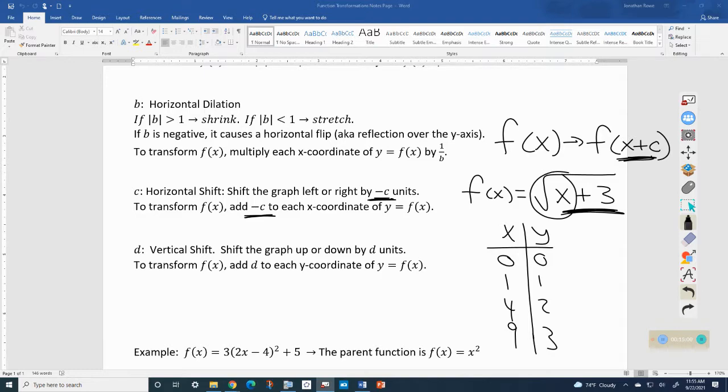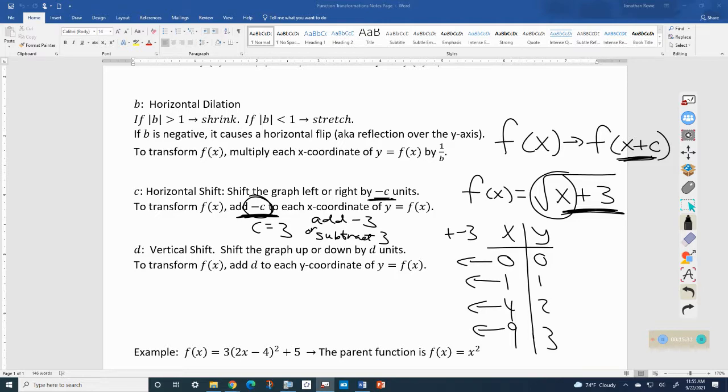So I'm going to add negative c. C, in this case, is 3. So I'm adding negative 3 to each x coordinate. Another way to say that is to subtract 3, however you want to say that.